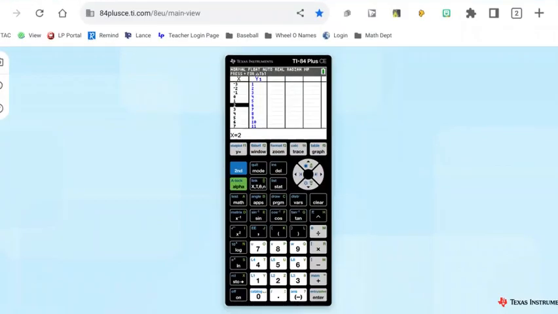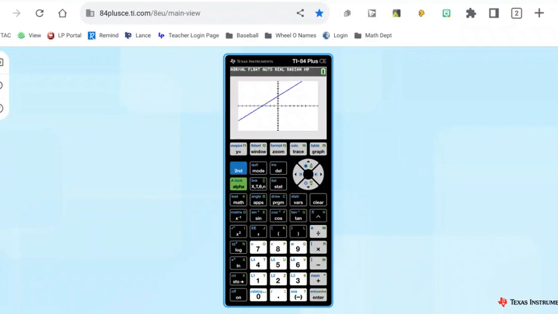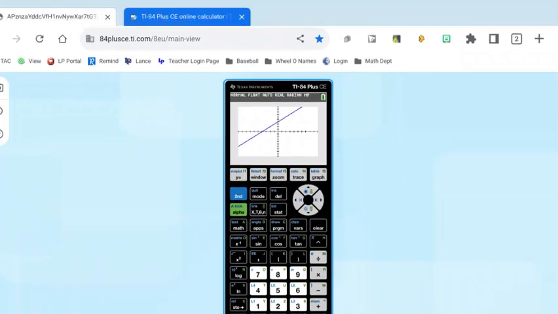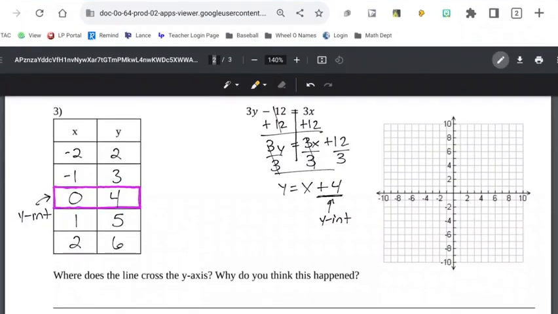Now let's just get a quick idea of what this graph should look like. So it's a little bit flatter than number 2, but it's still a positive slope. But notice that it's shifted in where it's located on the graph. So let's graph it and then we'll talk about it. So 0, 4, we go over 0, up 4.